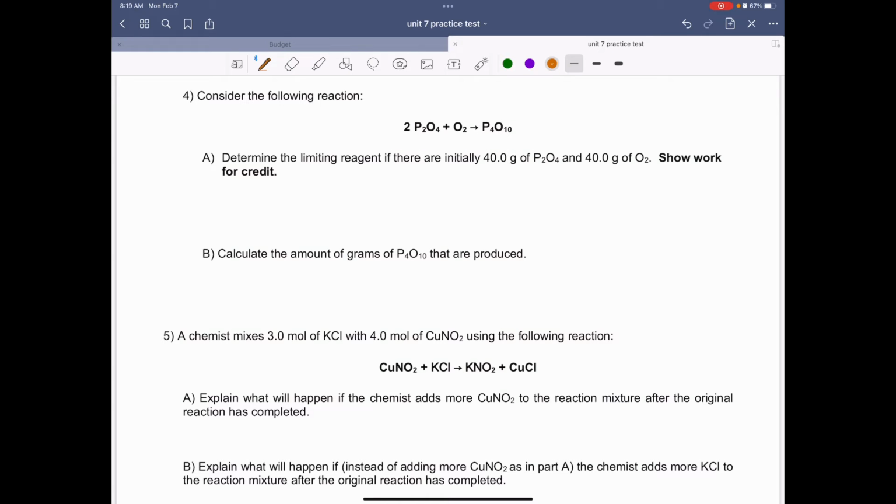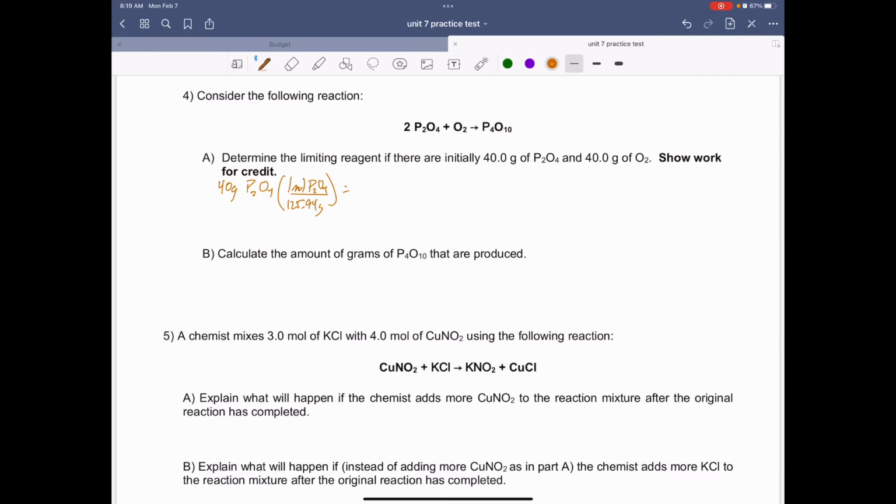So let's start. We've got 40 grams of P2O4. Let's convert that into moles. So phosphorus is 30.97, and we've got two of those, so 30.97 times 2. And then we've got 4 oxygens, so 4 times 16 is 64. So 125.94 grams for 1 mole of P2O4.